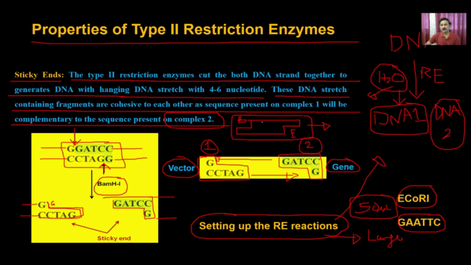It will not fit in the reverse orientation. Imagine that I only have BamH1, so I have B on both sides, B1 and B2, for example.